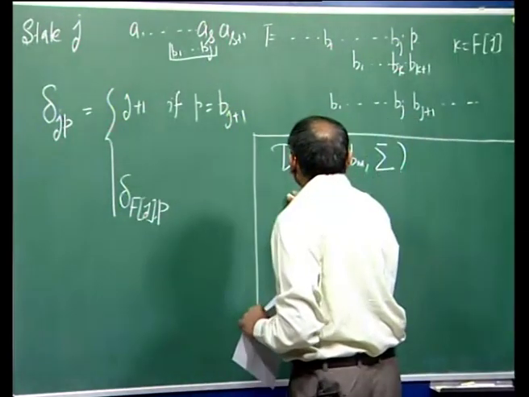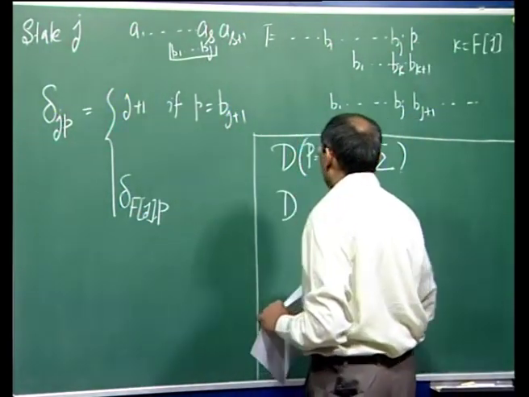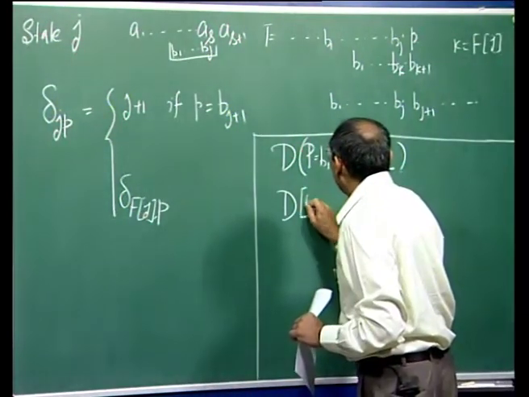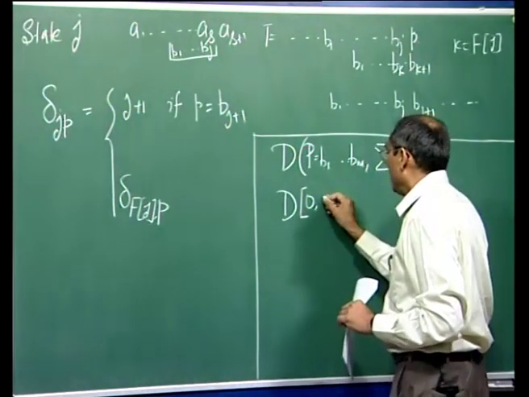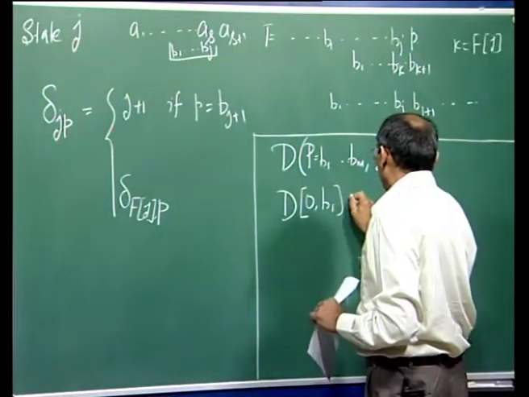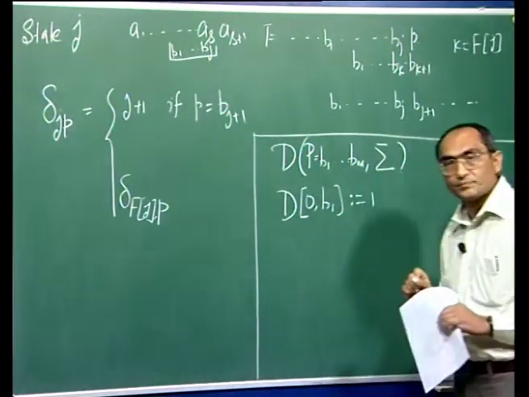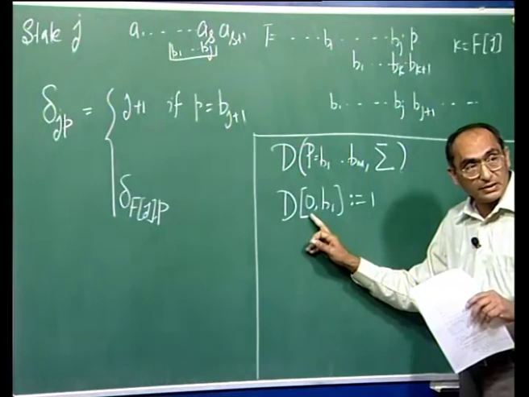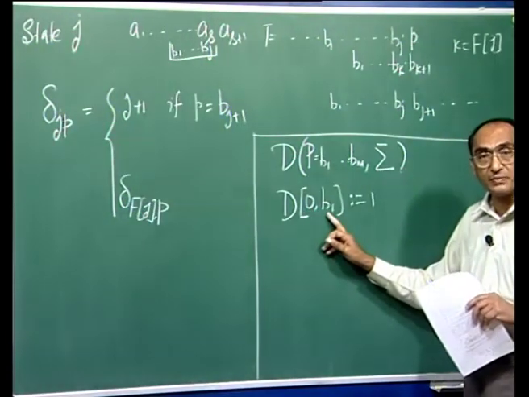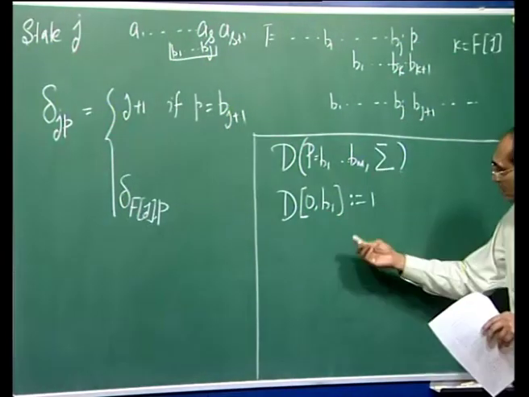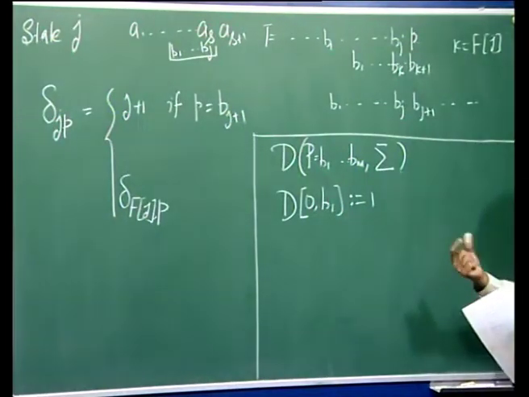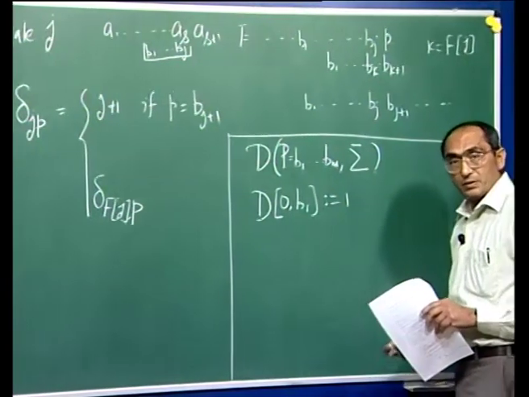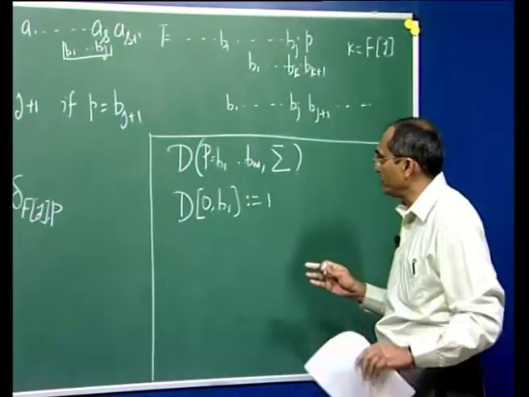We will define delta of 0 and b1 to be equal to 1. Initially, when there is nothing matching and the first symbol we encounter is b1, then we have found a string of length 1, which is initial for p and terminal for that length of t.